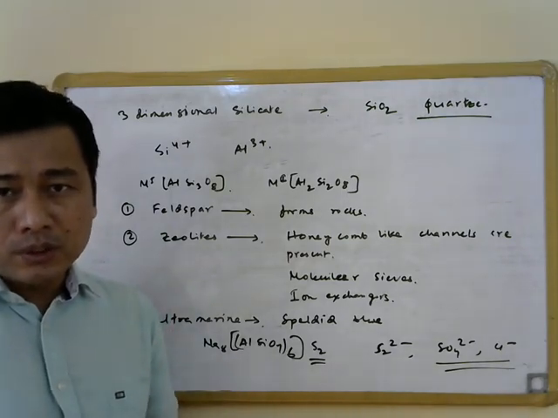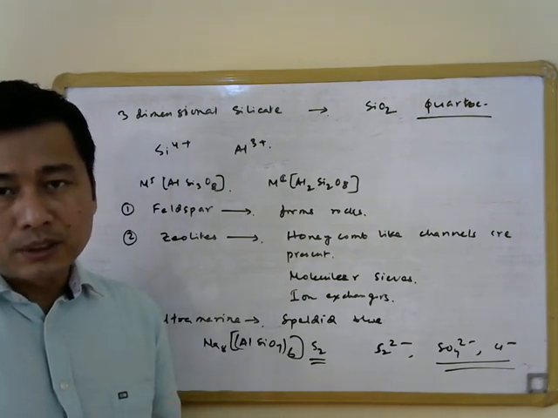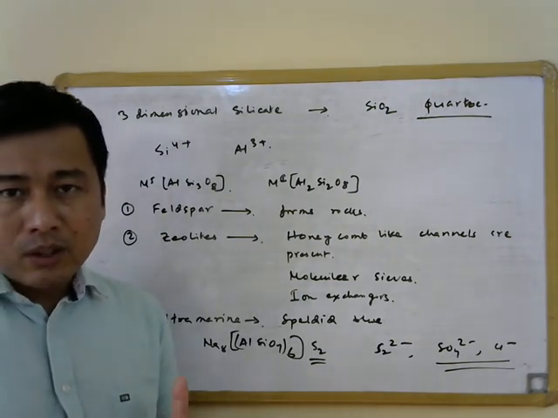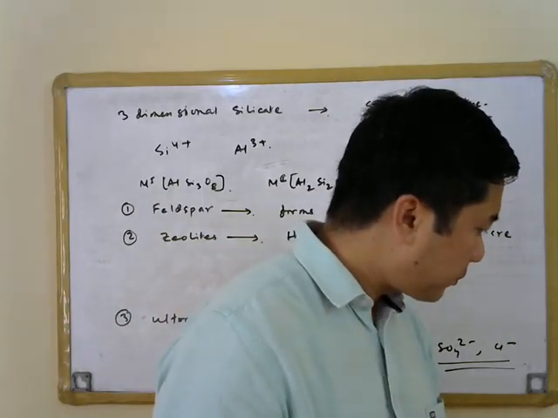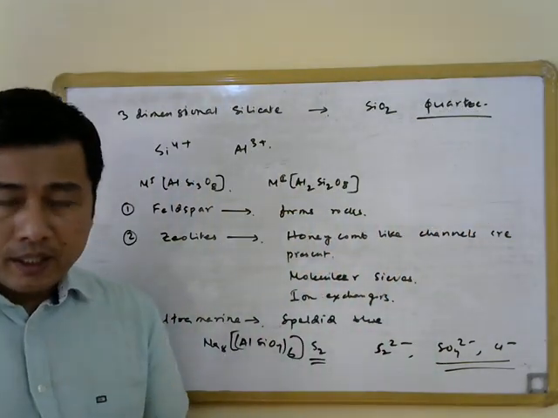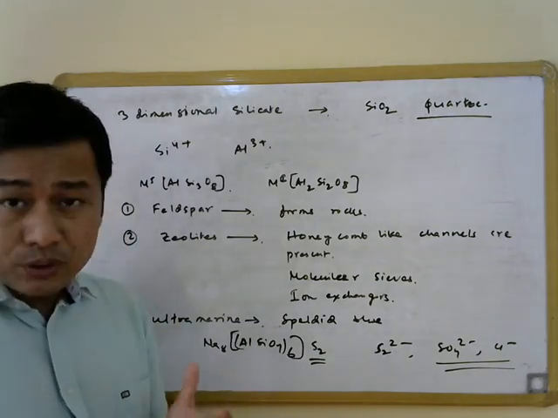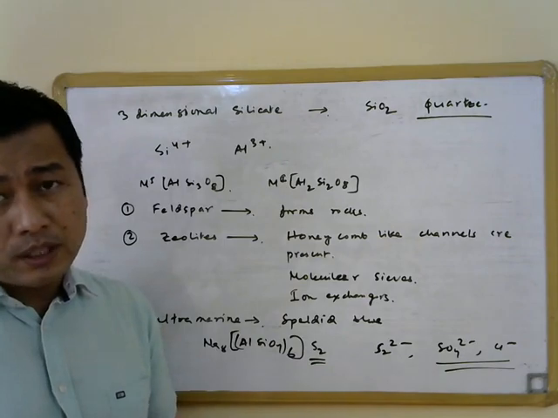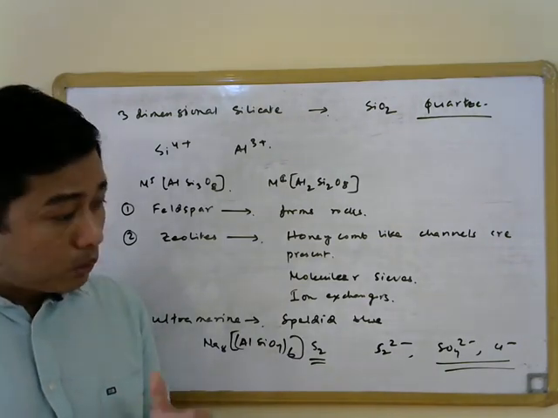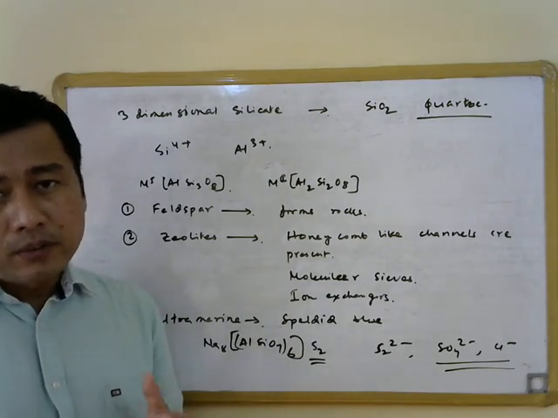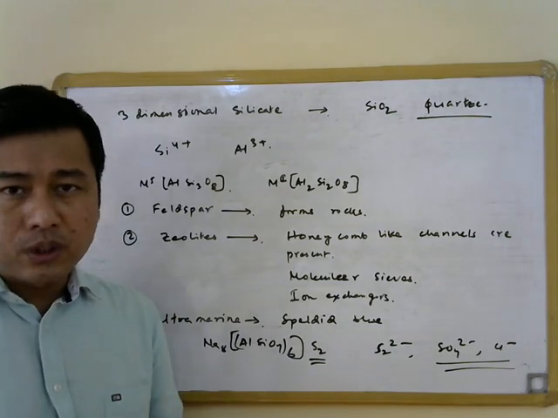We have also seen examples of such aluminosilicate minerals. One of them is kaolinite. Then pyrophyllite, and then white asbestos, which is known as chrysotile, and the last one that we have seen is soapstone.